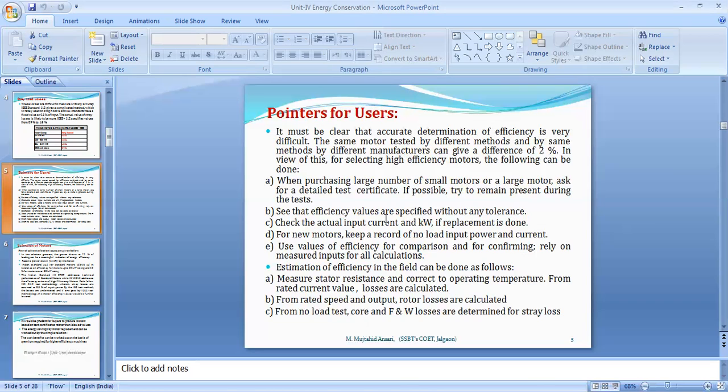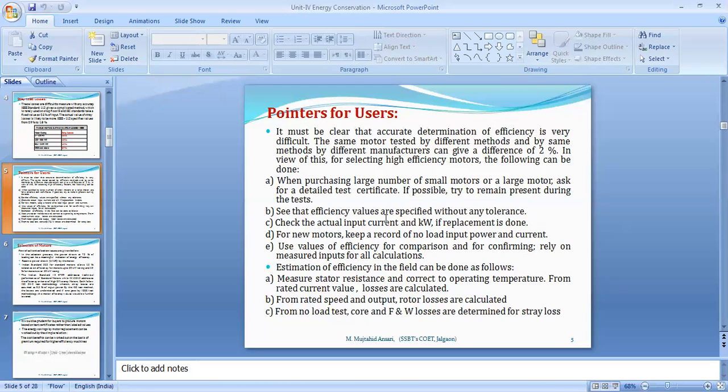Now estimate the efficiency. Estimation of efficiency in the field can be done as follows. We can do this when the motor or machine is working in the system. Measure the stator resistance corrected to the operating temperature, and from the rated current values, losses can be calculated. No doubt, when the motor is running, the temperature of the winding increases and hence its resistance also. We have some formulas, which we will see later on.